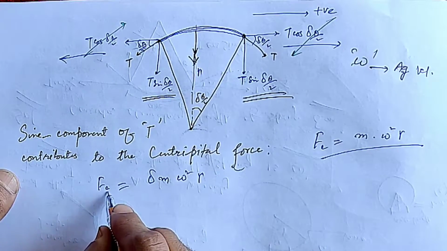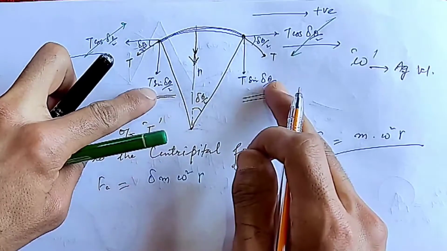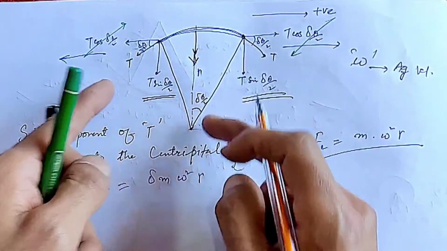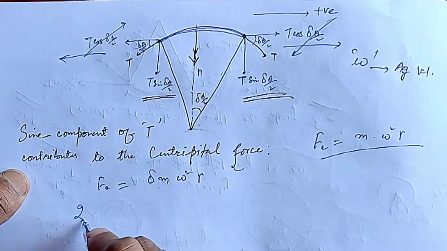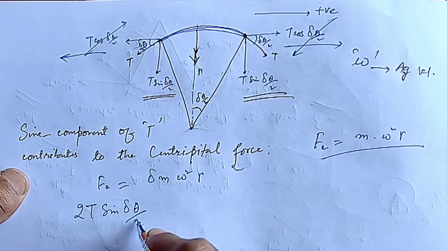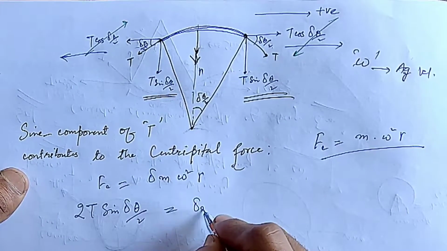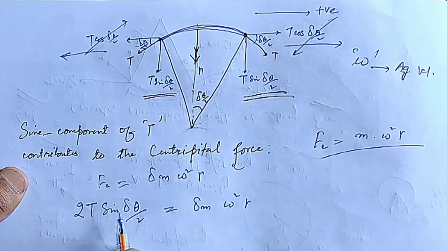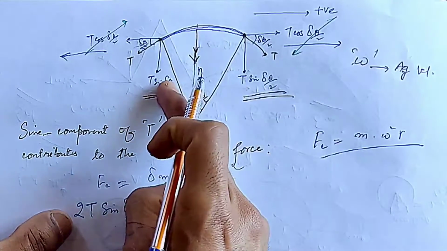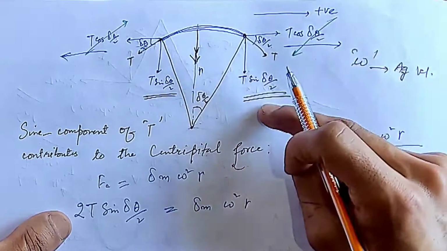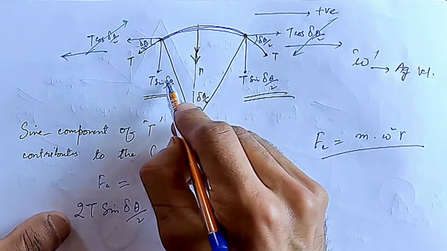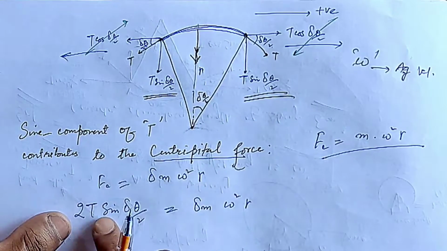So we have Fc as T sine component 2 times, because these two contribute in the same direction. So Fc equals 2T sine of delta theta by 2 equals delta m omega square r, because the T sine theta components contribute 2 times. This component also contributes to the same centripetal force.